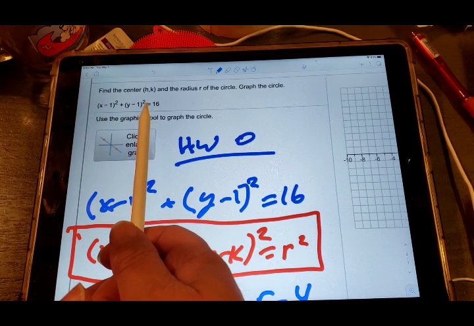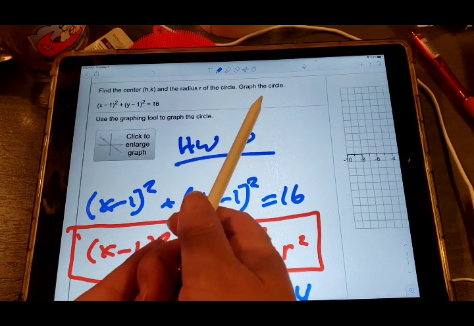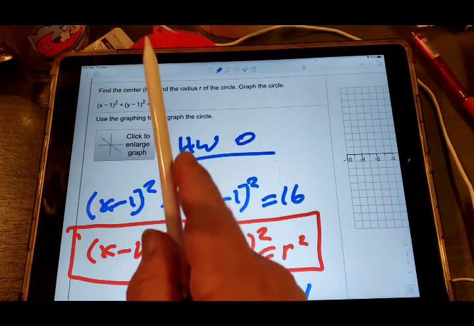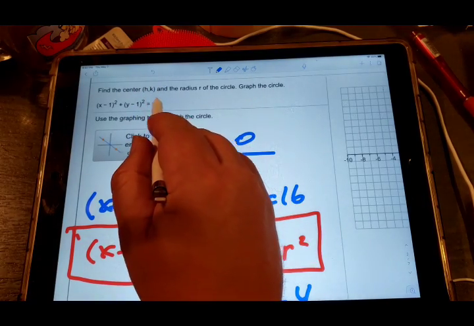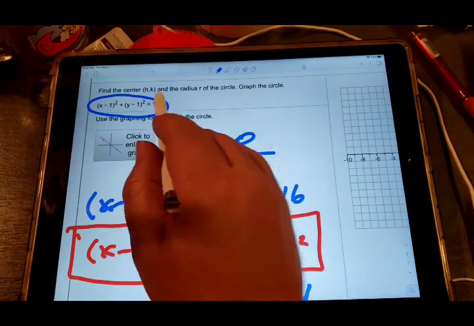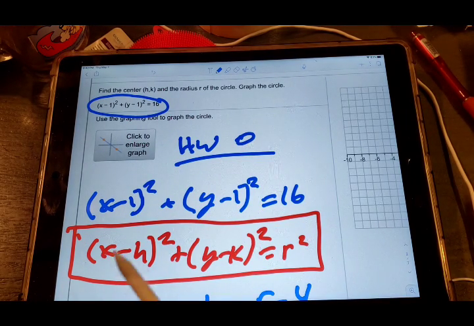Find the center, h comma k, and radius of the circle, graph the circle, and they give you this equation of the circle, which I wrote in large print here. In green, x minus 1 squared plus y minus 1 squared equals 16.